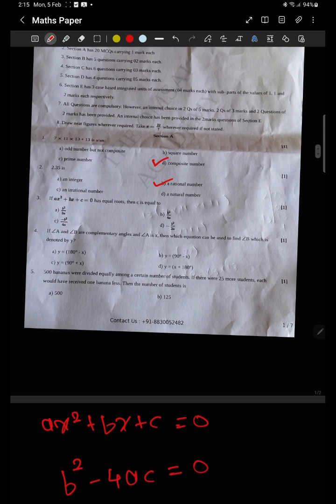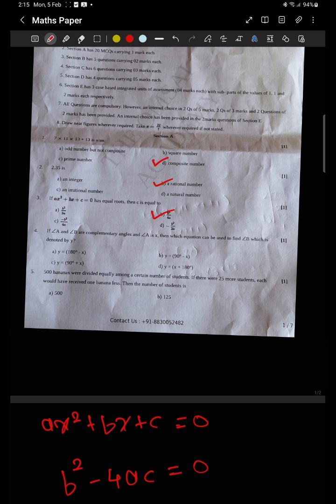If I shift minus 4ac to the RHS, it will be positive 4ac. We want the value of c, so 4a will be shifted to LHS, where it will be divided. So c is b square divided by 4a, and the option is B, correct?